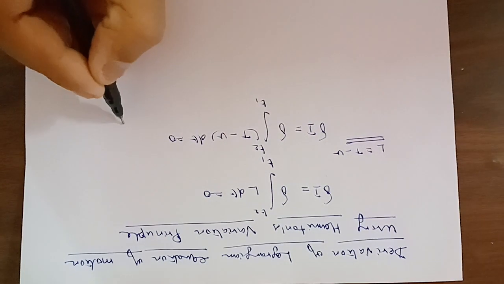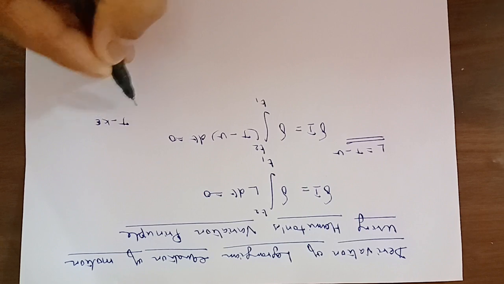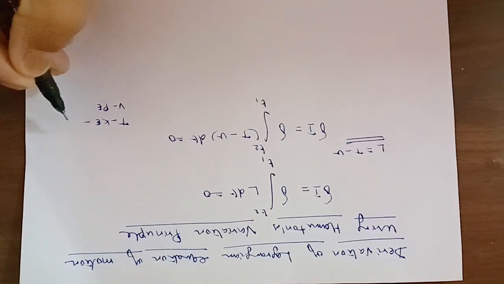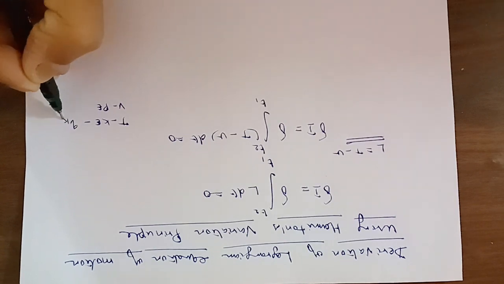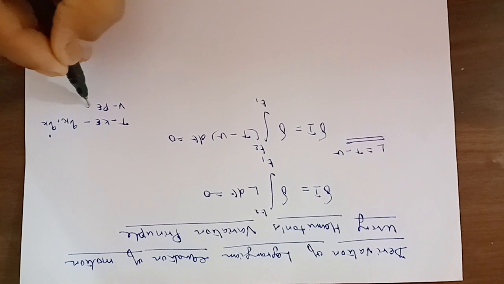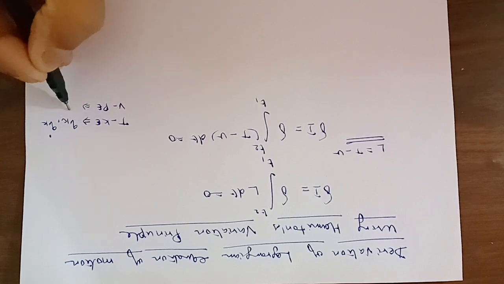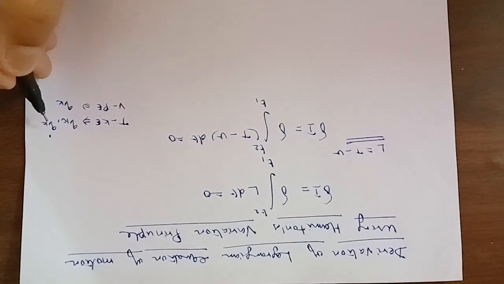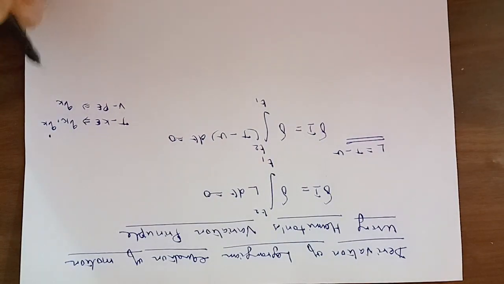But T is the kinetic energy and V is the potential energy. This kinetic energy depends upon the generalized coordinates qk and qk dot. This potential energy depends only upon qk. It does not depend upon the velocity quantity. We already know this also. Now substitute.